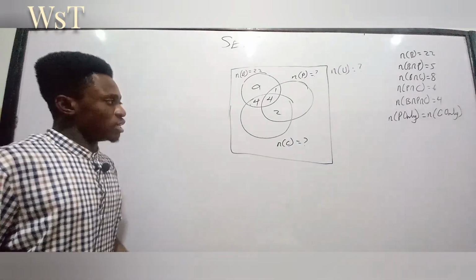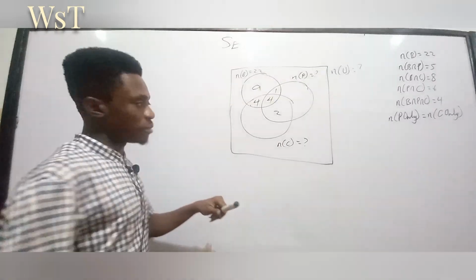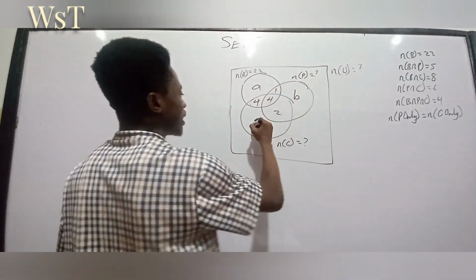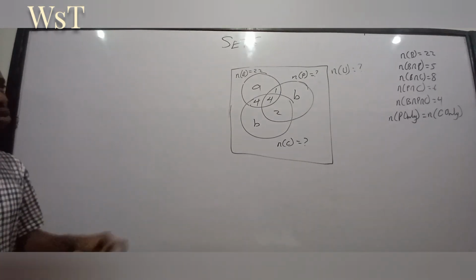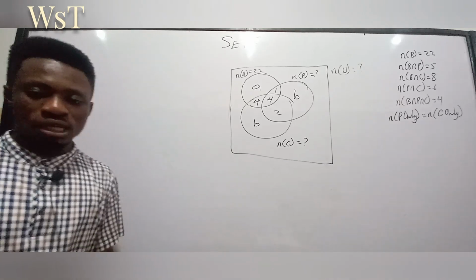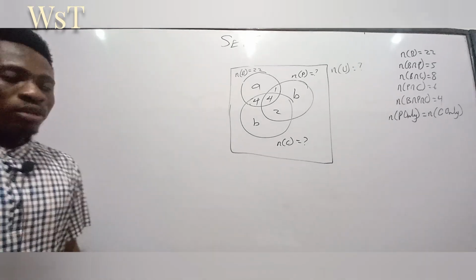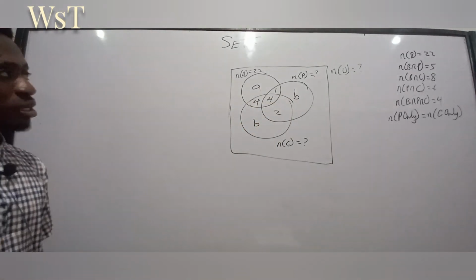Did you see that? So if here is B, then here too is B. Do you understand? Because the number of only physics was equal to that of only chemistry.